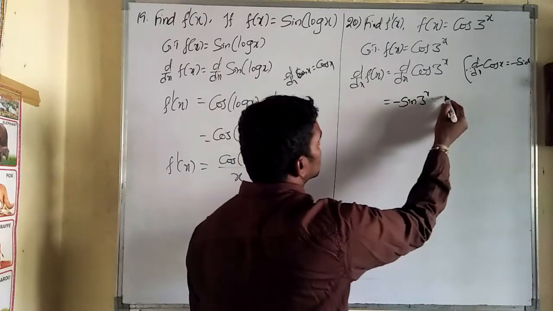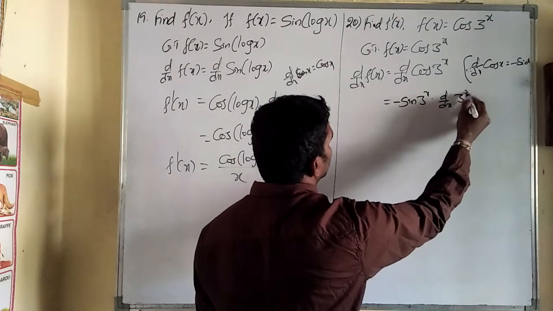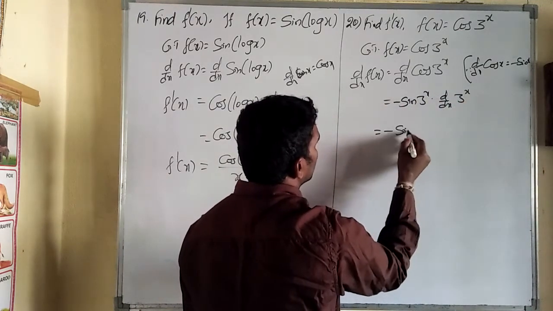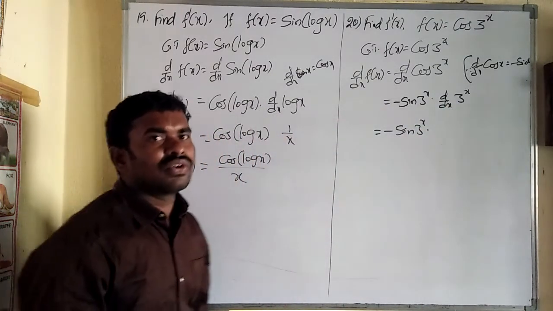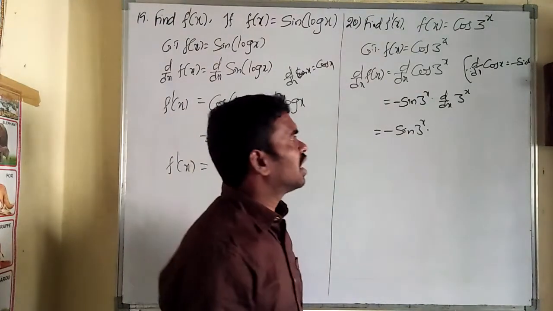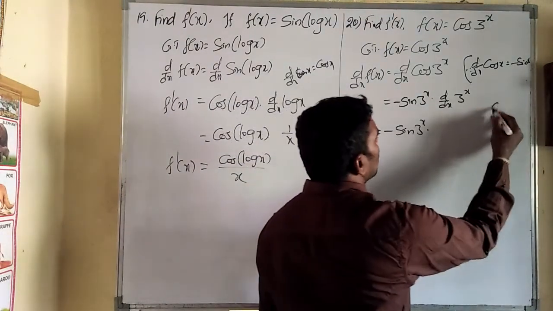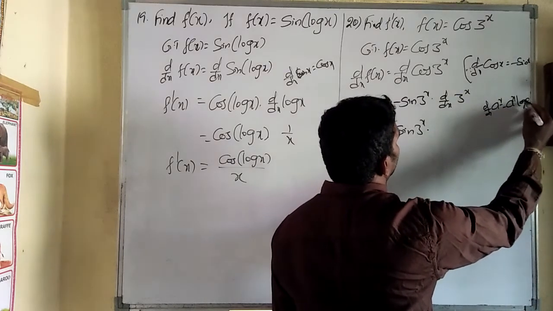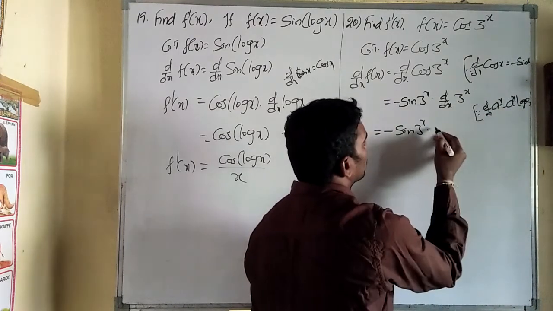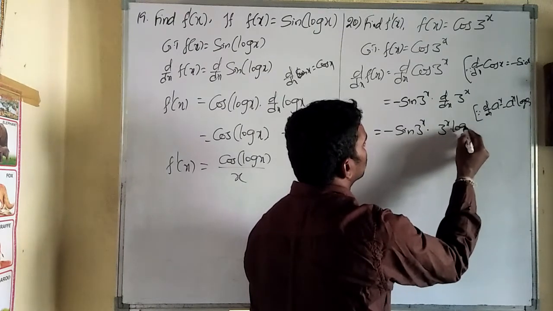Again, in place of x there is 3 power x, so d by dx of 3 power x. Simplify this: minus sin 3 power x into, which formula do we apply? Yes, very good, the a power x formula. The derivative of a power x is a power x into log a. Based on that formula we can write 3 power x into log 3.